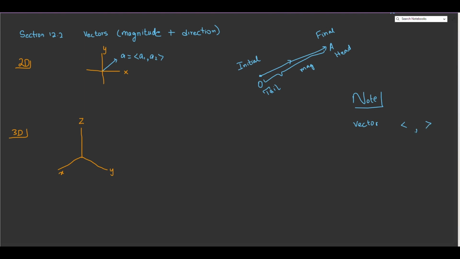The vectors are always written in these angle brackets. The first component will be the X component, and the second component will be the Y component. Similarly, in the 3D space, a vector A is going to have three components A1, A2 and A3.